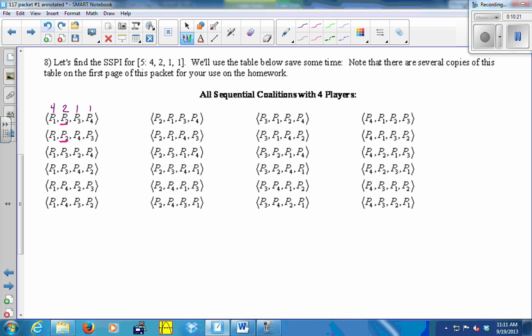Then in my next sequential coalition, I have player 1, player 3. Player 1 has 4, player 3 has 1, 2 has 2, and 4 has 1. So add them left to right. 4, not enough. Add 1. I have met the quota. So I underline player 3, the second player in the coalition.